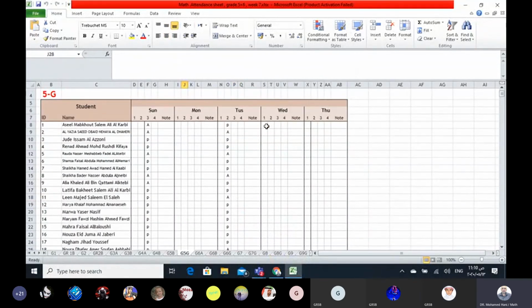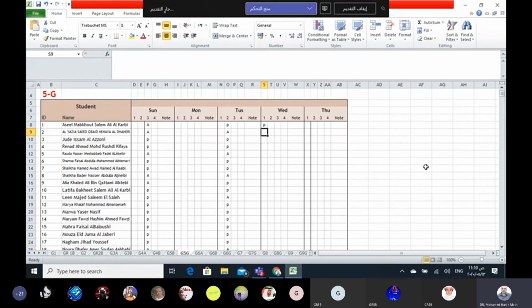So let us take attendance now. Today, Wednesday, the first period. Asil. Aliazia. Here. Aliazia Saeed. Aliazia. Absent. Okay. Jude.